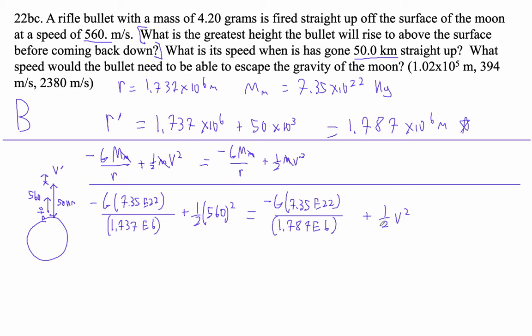And this is what we're solving for, that v squared. So what I'm going to do is figure out this whole side here, and then subtract this negative term. So basically make that positive and add it.